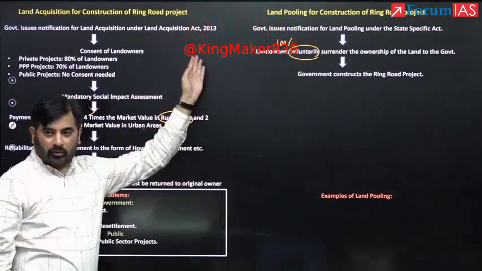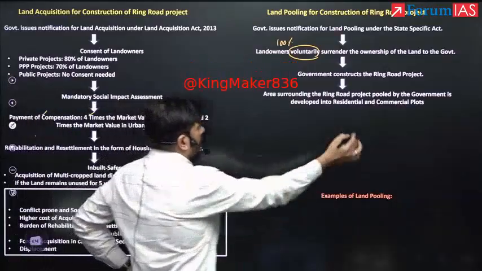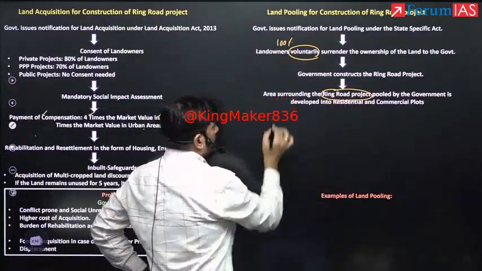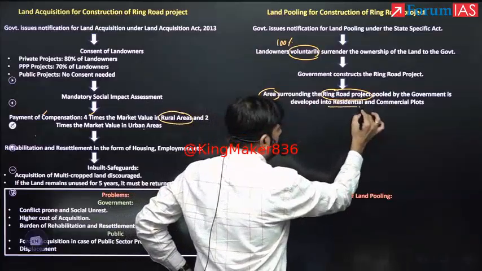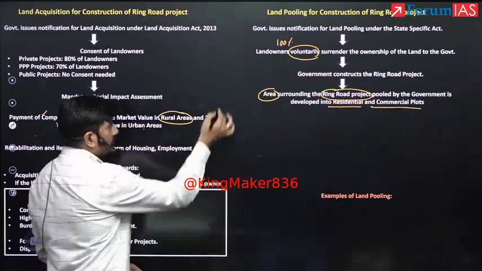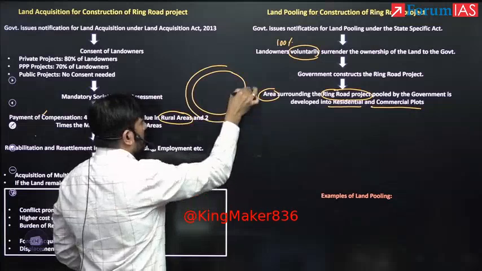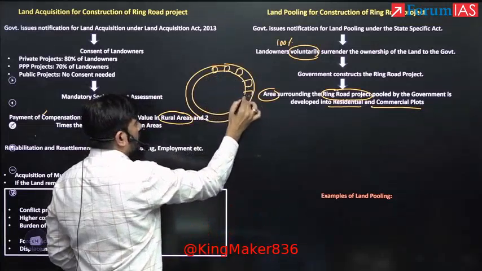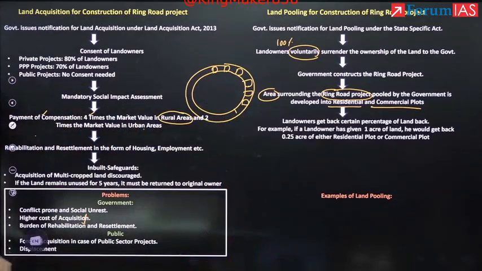Government will construct the ring road. Now, it might so happen that once I construct the ring road, the area surrounding that ring road, I will develop it into residential and commercial plots. This is a ring road. Adjacent to the ring road, I will provide for a residential plot or a commercial plot. Now what happens here?